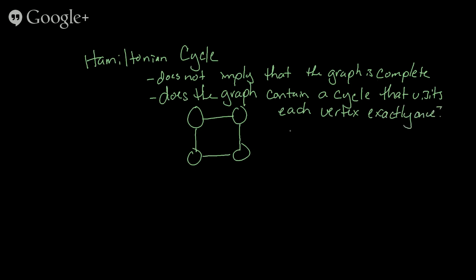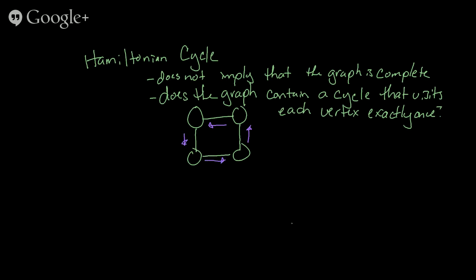Of course, that doesn't include the vertex that you actually stop and end at. So, here we can see that we obviously do have a cycle that visits each vertex exactly once, and you can start at any of these and basically just go in a square, and that would be your Hamiltonian cycle, right?